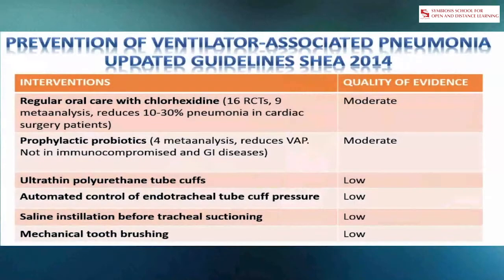Regular oral care with chlorhexidine has moderate quality of evidence to reduce VAP. Then prophylactic probiotics, ultra-thin polyurethane tube cuffs, and automated control of the endotracheal tube cuff pressure all have lower evidence, but only moderate evidence is with prophylactic antibiotics, regular oral care with chlorhexidine, and prophylactic probiotics.